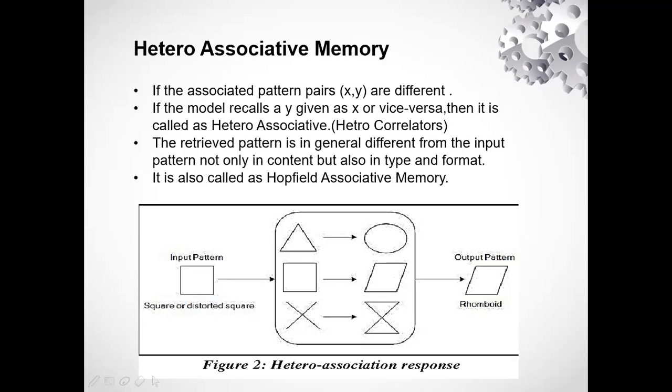So this pattern is retrieved based on the type and format associated with it. This is also called Hopfield Associative Memory, in short HAM. So this is what associative memory is, of two types.